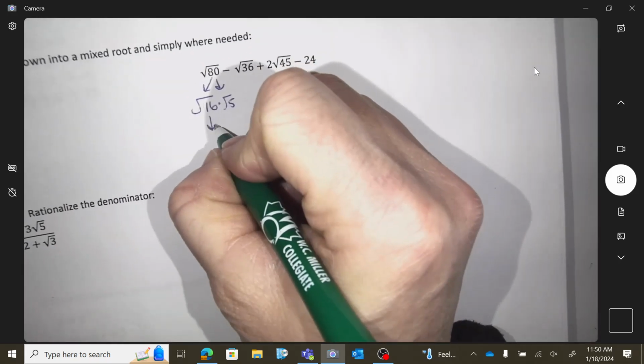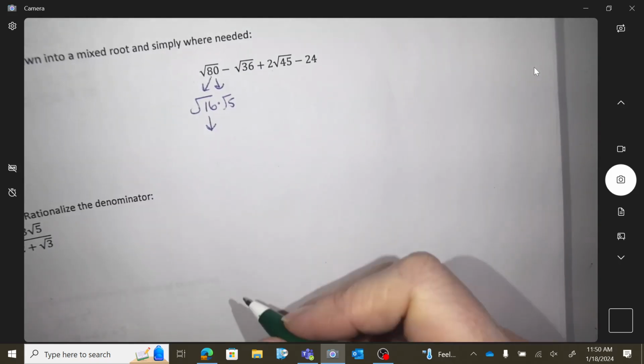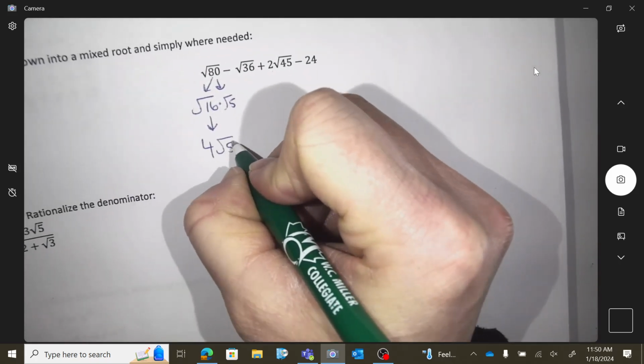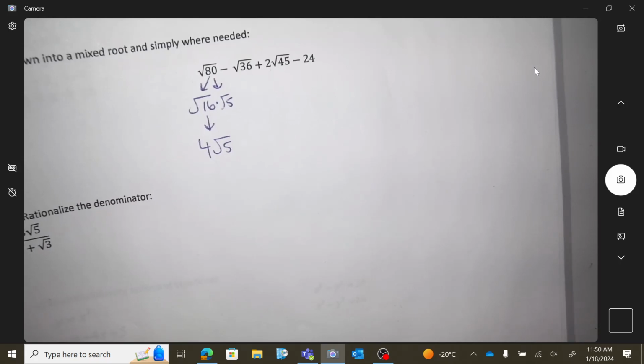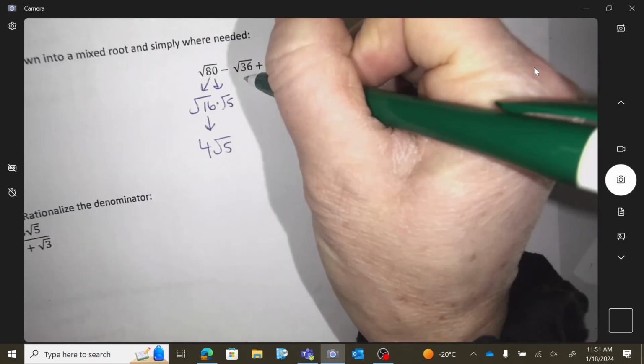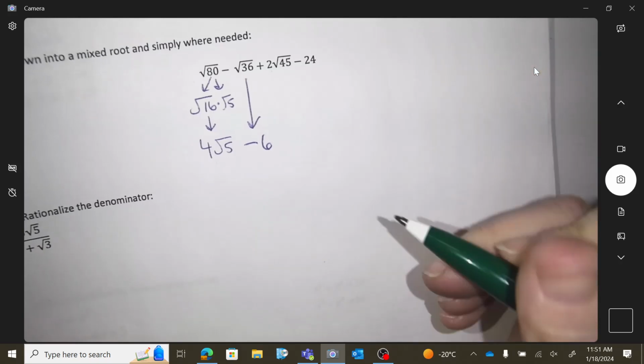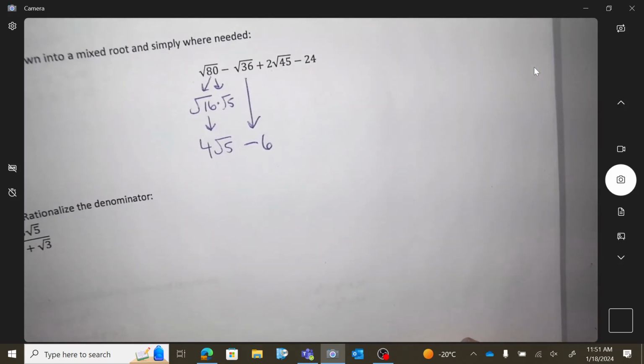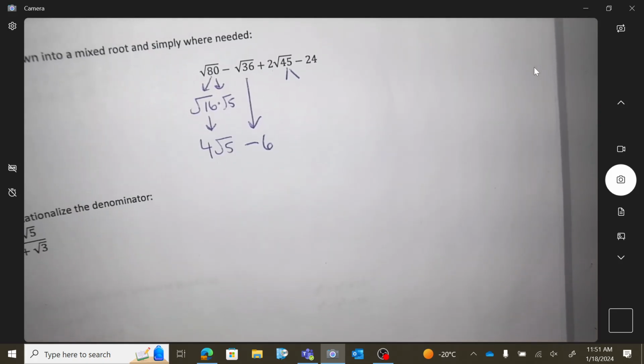Then, what is the square root of 16? Okay, root 36. Well, that one actually can just go right to a whole number. 45. I have to think of the dividers.